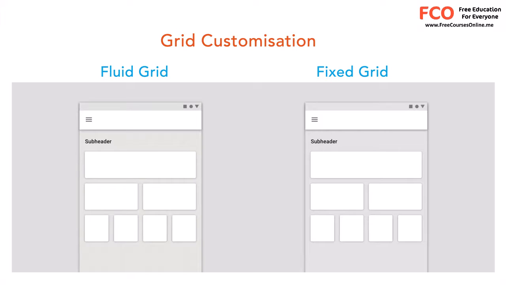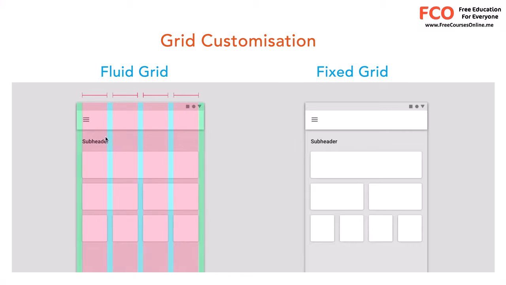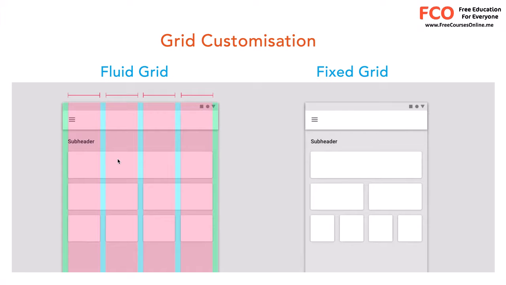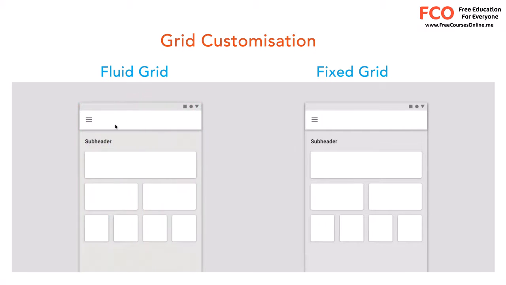And when it comes to the grid size itself, you can have these columns. Since we are dividing the grid into a number of columns, for fluid grid, you can have these columns expand to the screen size. So if the screen size is medium, you can have the columns expanded.